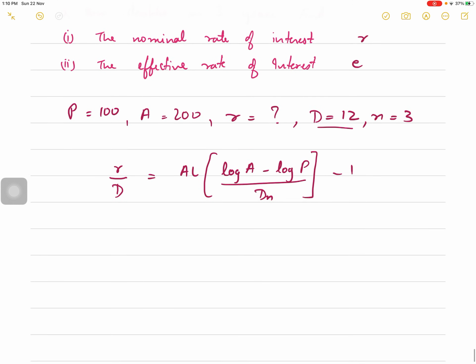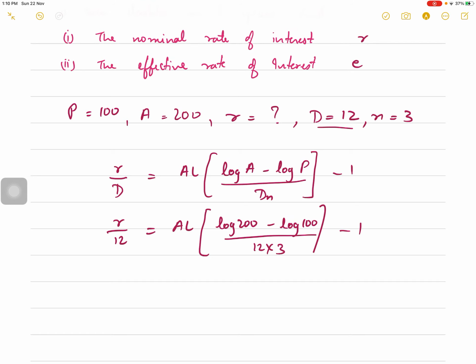This is the formula. So R we don't know, D is 12. Log A is log 200, log P is log 100, upon D into N. So 12 into 3, minus 1.